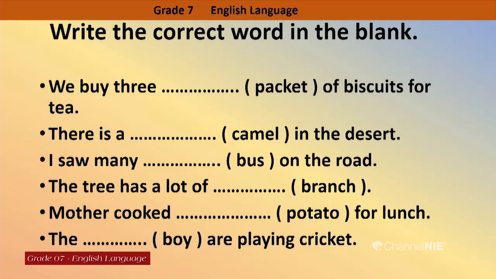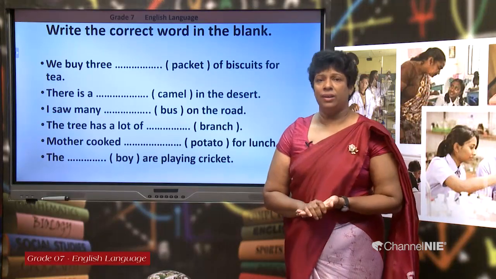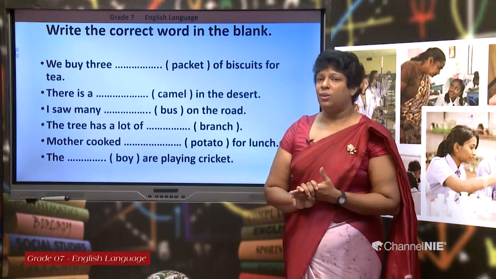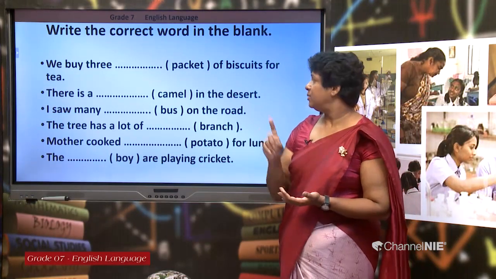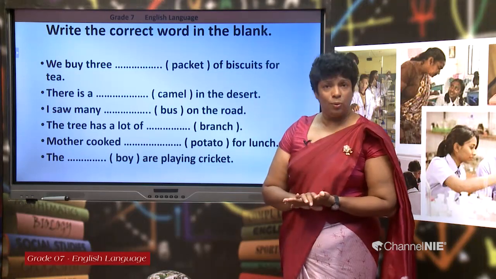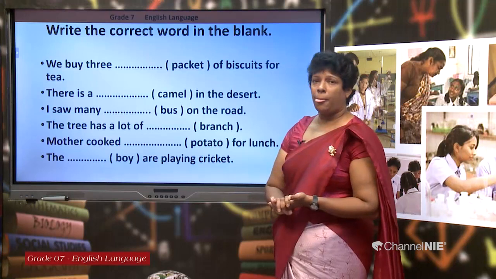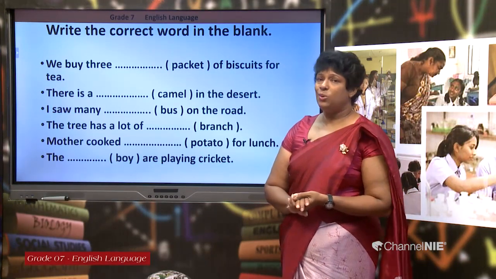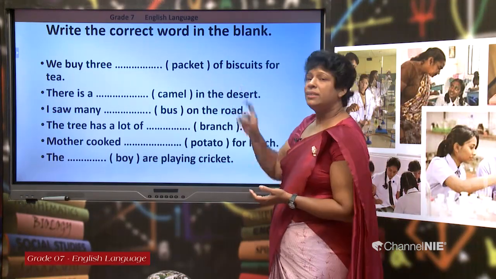Now, when you look at these sentences, you have to see how to get the correct word. All are plurals and you have to remember the two rules you learnt to make the plural form. Now, look at the first one, packet. The letters you learnt earlier to add es do not appear here.